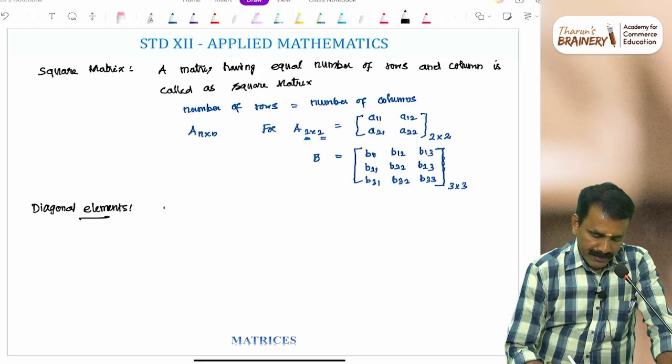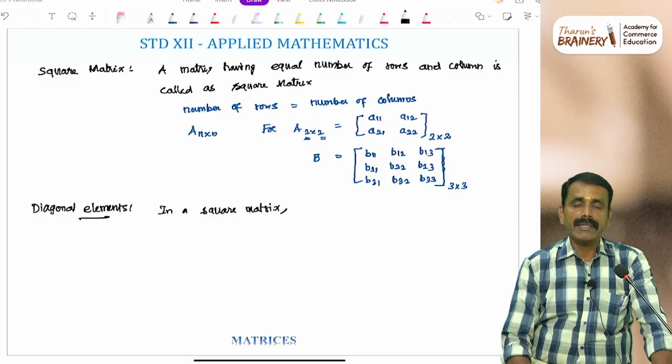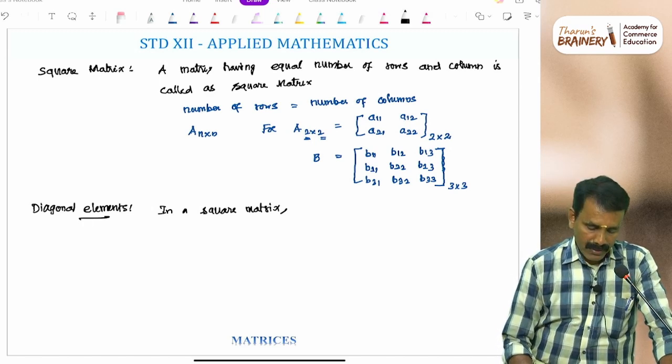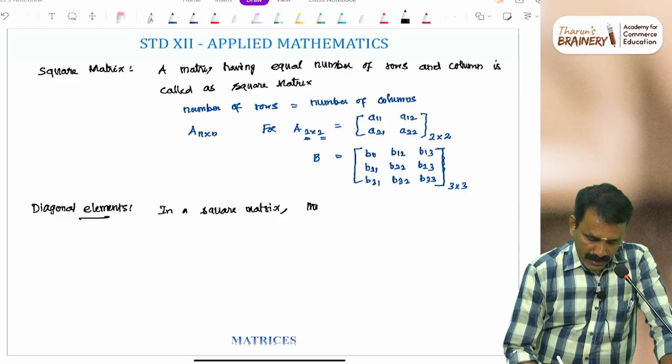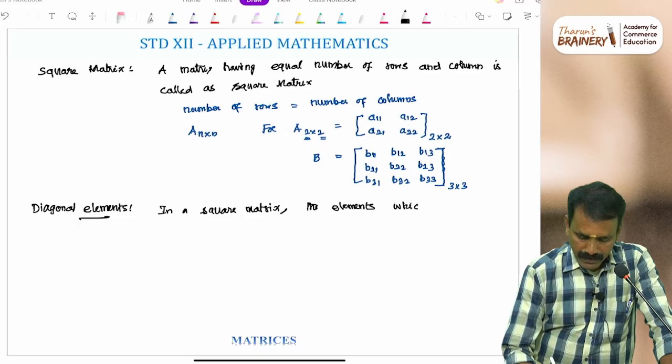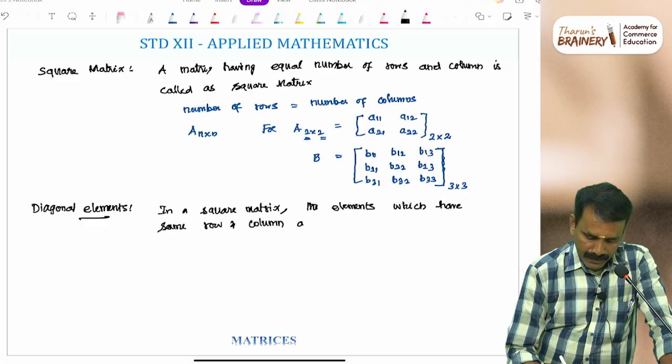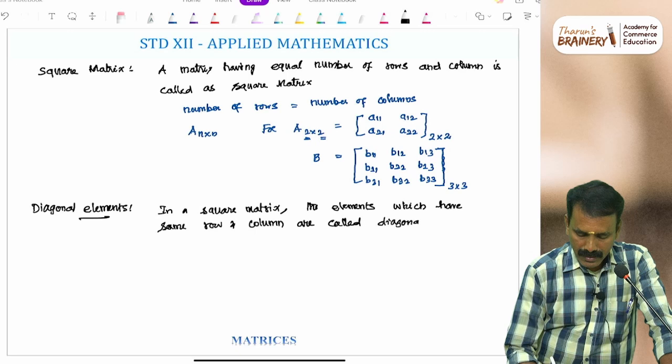In a square matrix, it should be a square matrix. If it is a square matrix, then only we can speak about the diagonal elements. The elements which have the same row and column number are called diagonal elements.